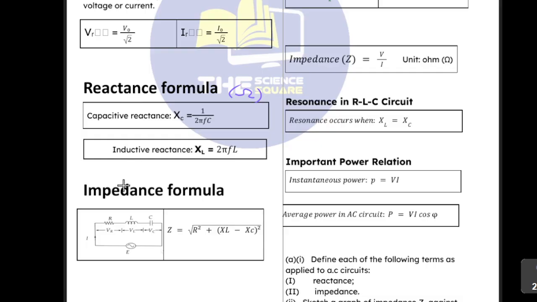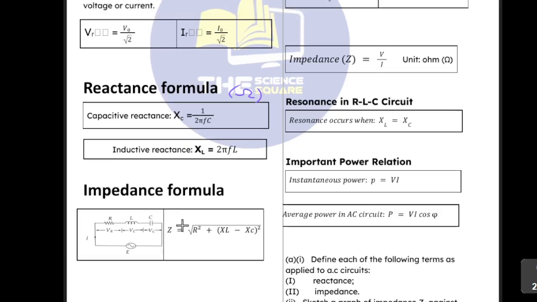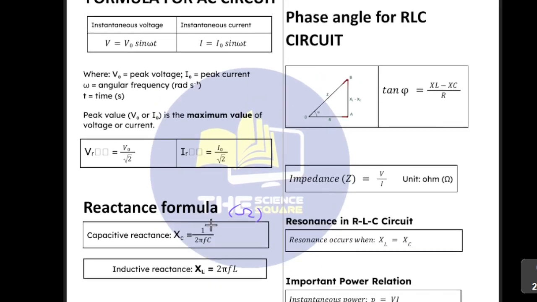While impedance is the opposition to the free flow of electric current due to capacitor, inductor, and resistor. That's what we call impedance. Though, as I said, it could also be resistor and inductor alone, or resistor and capacitor alone. So take note of that.